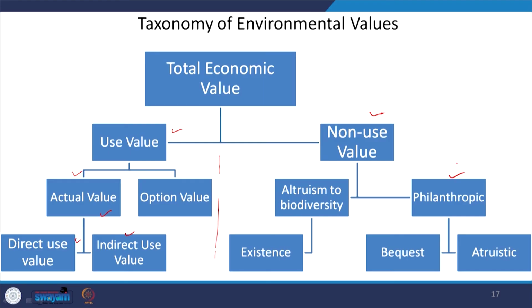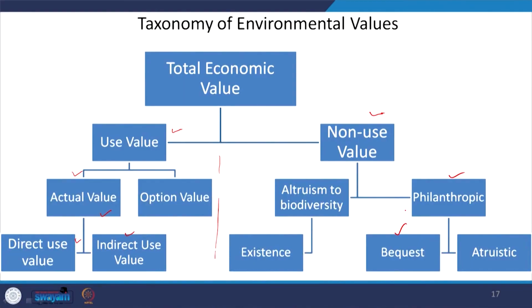So, you are showing your philanthropy, your selflessness, although you are not using it or it is not likely that you will be using it in the future, but still you are saying that others will be using it, and among others your own future generations are also included. So, that is the bequest, and when you say altruistic, it is for everyone, even those you do not know.